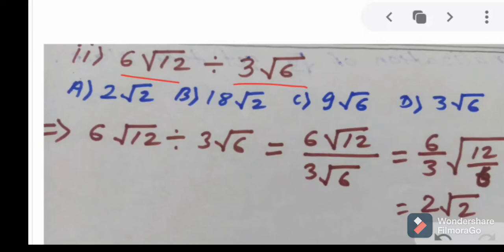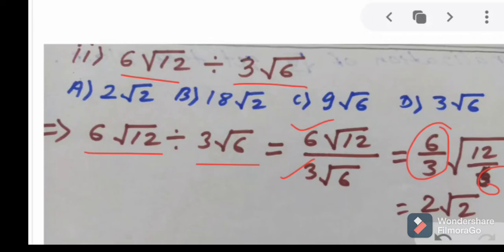The square root of 4 is 2, and 2 is taken outside the radicand sign. It becomes 6 into 2, that is 12, and remaining root 3. Hence our answer is 12 root 3 and that is the option C. Okay, friends.